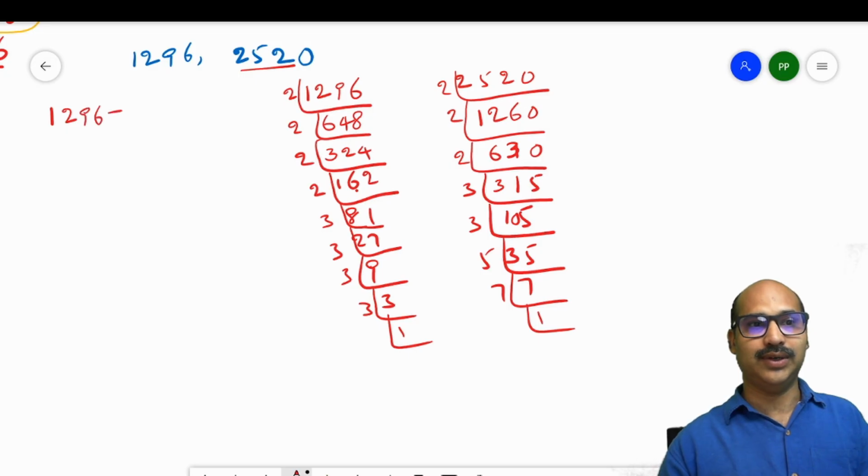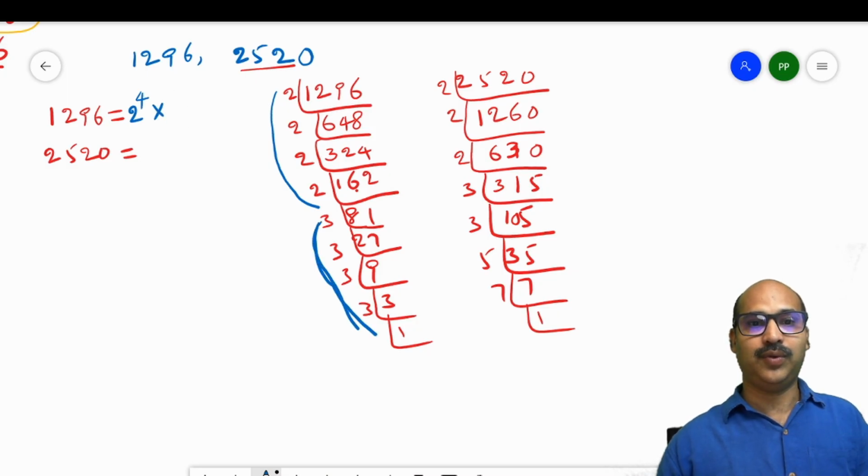Now 1296 is equal to what? And 2520 is equal to what? In 1296, how many 2's do we have? 1, 2, 3, 4 2's. 2 power 4 into how many 3's do we have? 4.